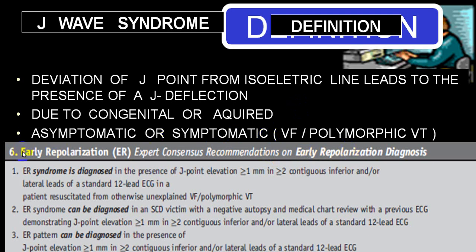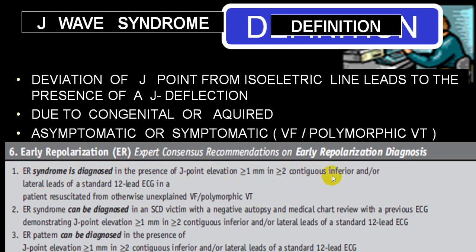So first you have to identify there is an early repolarization, and whether the person is symptomatic or asymptomatic, you will have to find out and then put them into a group we call early repolarization syndrome or J wave syndrome. So ER syndrome is diagnosed in presence of J point elevation which is more than 1 millimeter in two consecutive leads, either inferior or lateral leads.